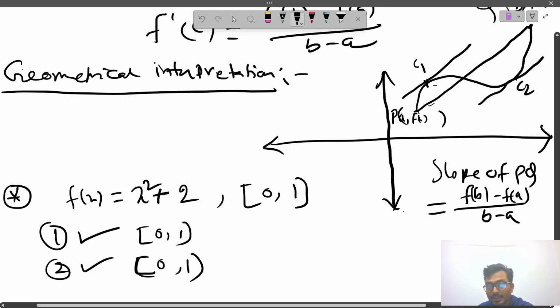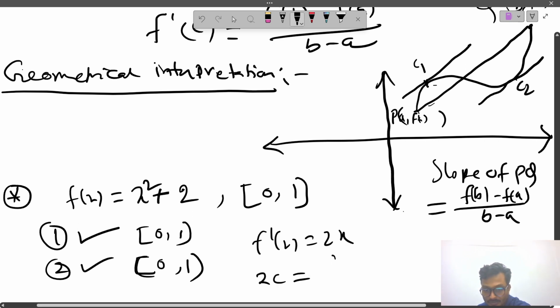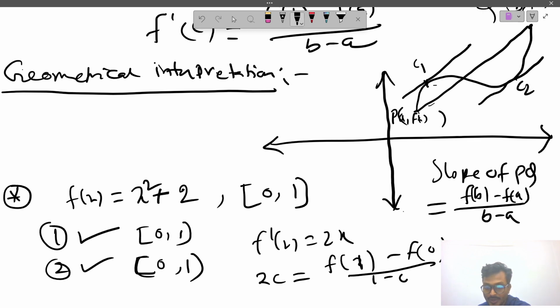Then we find some c. So f dash x is 2x, so 2c will be (f(1) minus f(0)) by (1 minus 0).